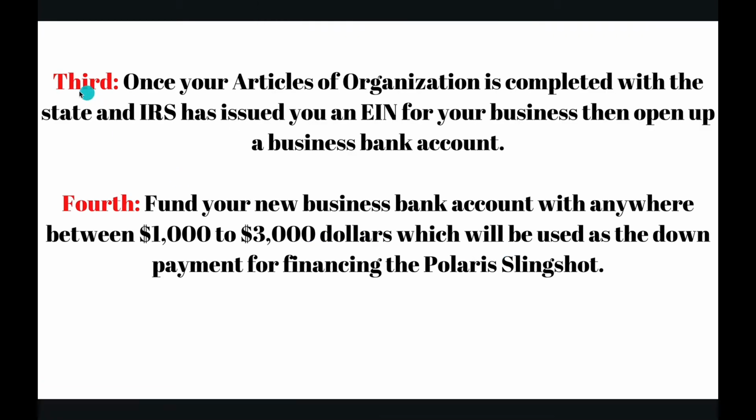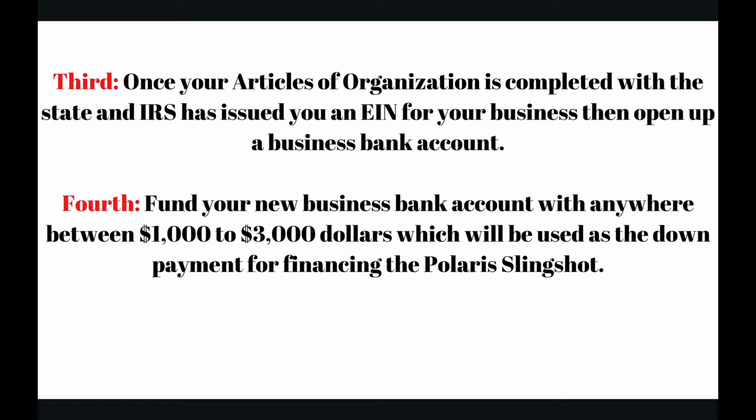All right. So third, once your articles of organization is completed and you've received your EIN number instantly, then you can open up a bank account. So the number one bank that I recommend is actually a credit union, and it's called Navy Federal Credit Union.